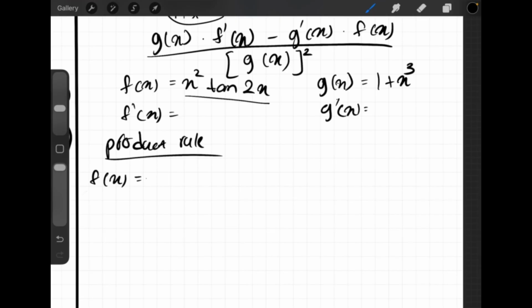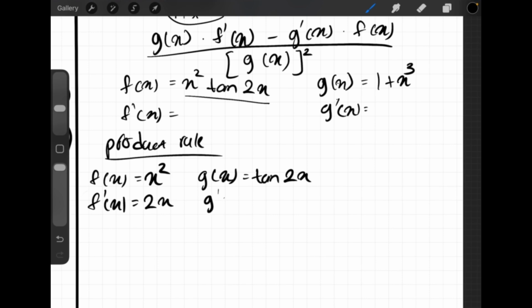The f(x) for that function is x squared, and the t(x) is tangent 2x. So for the f'(x), it's going to be 2x, and the t'(x) is 2 secant squared 2x.